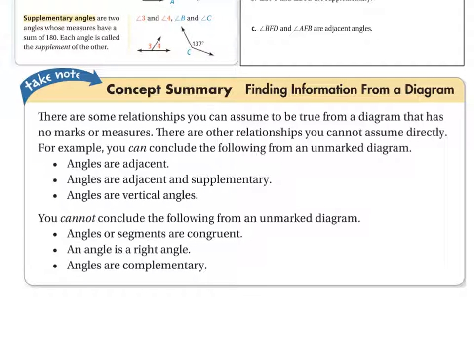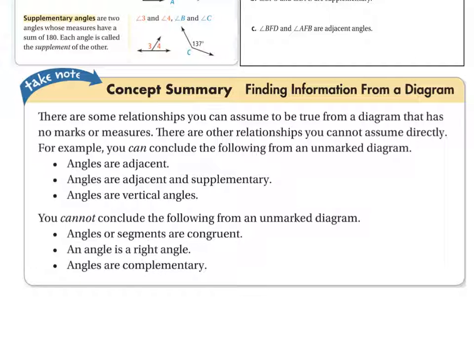Now, things you cannot conclude. These are things that have to absolutely be marked. If they're not marked, you cannot assume that these are true. So, angles or segments that are congruent. If they're not marked, then you cannot assume that they're congruent to each other. They have to be marked first. You cannot assume that an angle is a right angle. Even though you might think it looks perfectly like a right angle, you cannot assume that it's a right angle.